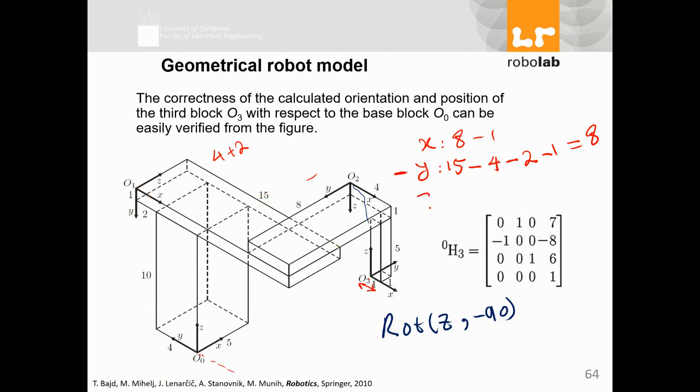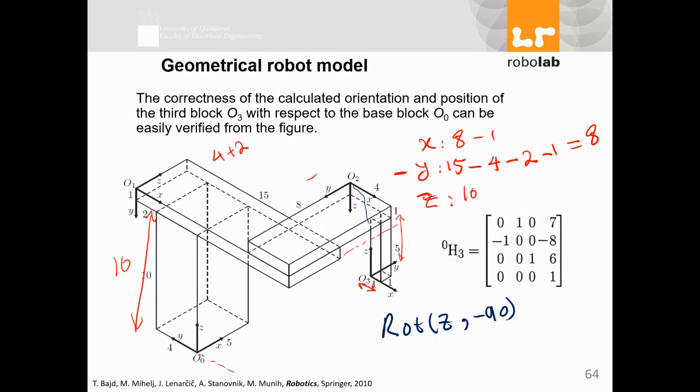And for z, from here to here is 10. But I'm coming down like 5, and I have a thickness of 1 here.